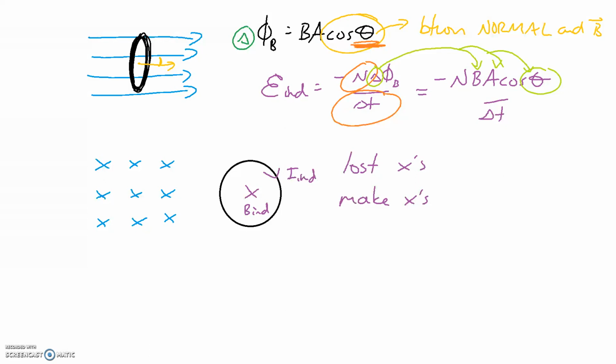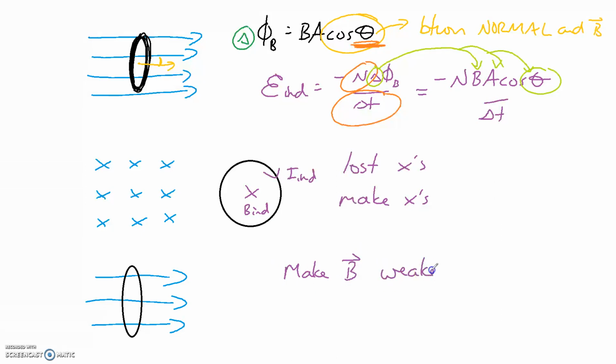Another scenario might be a little bit different. Maybe you have a magnetic field that looks something like this. And again, we can put a coil inside of there, something like this. And of course, there is flux going through it. Well, let's look at another scenario. Maybe somehow we make the magnetic field weaker.